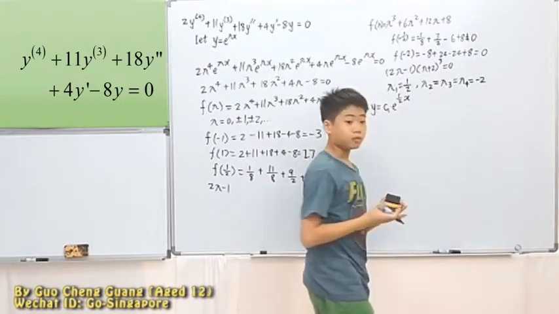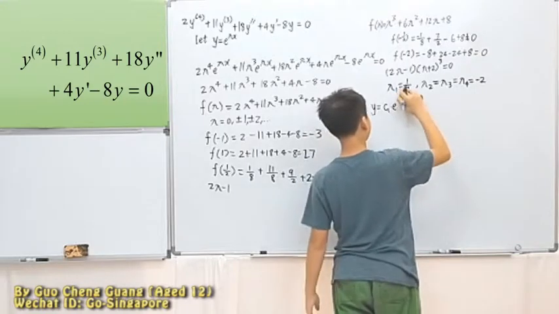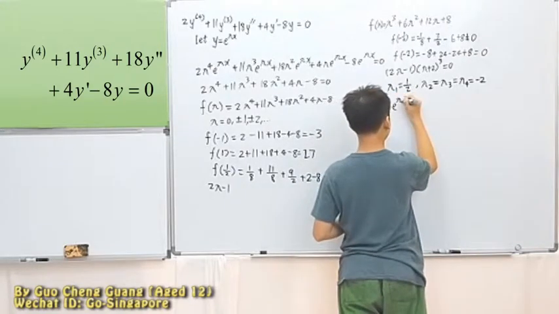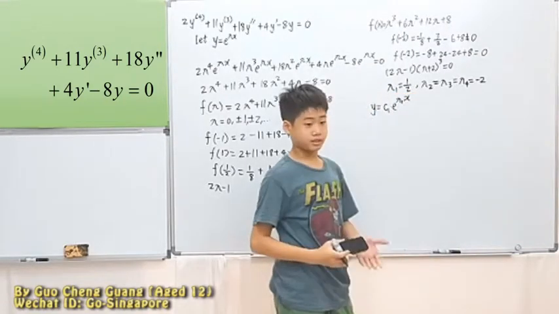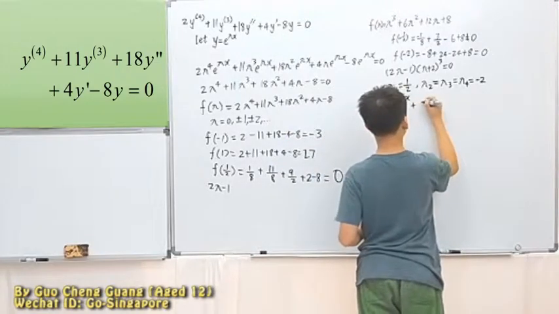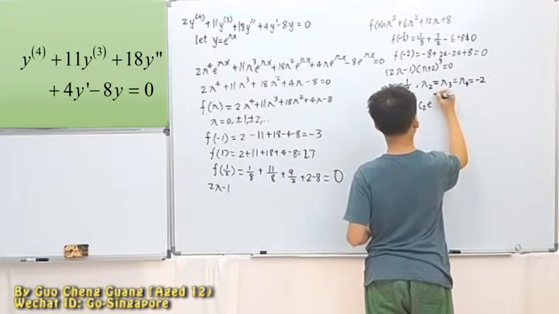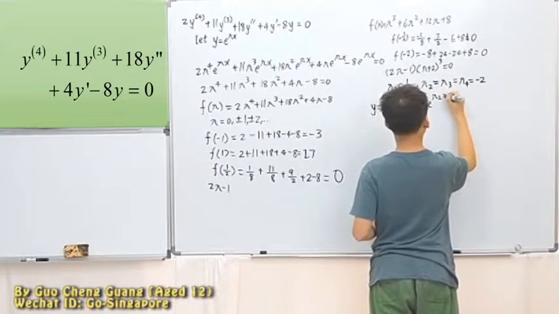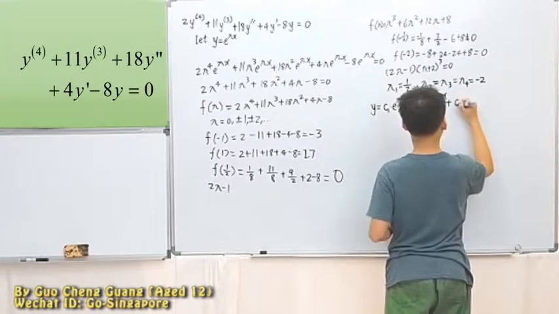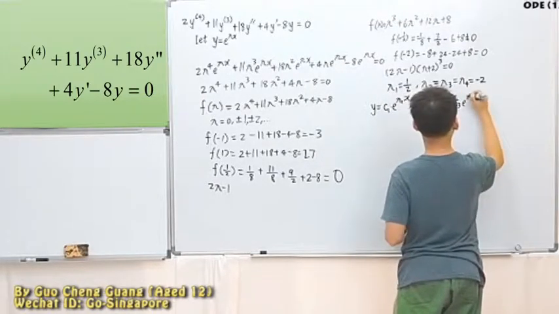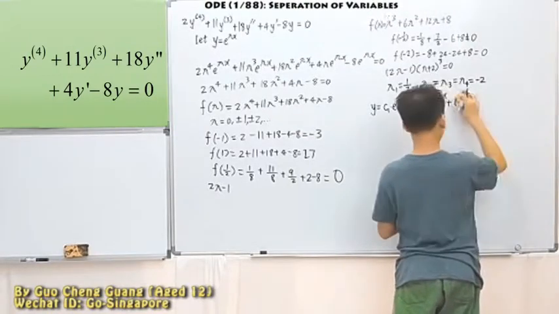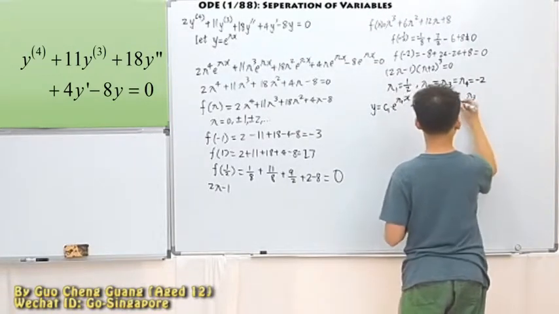Or if I write out everything, then it will first be lambda 1, then x. And here you have an extra x.